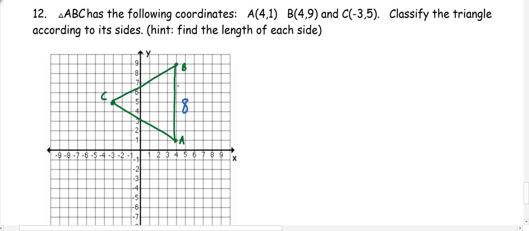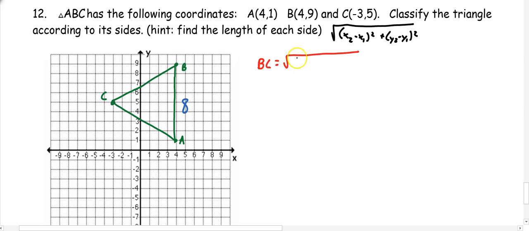To find my measure of BC and AC, I'm going to have to use the distance formula. So remember that the distance formula is the square root of x2 minus x1 squared plus y2 minus y1 squared. I'm going to use the distance formula twice to find each side. First I'm going to find BC. Using those coordinates for BC, I have -3 minus 4 squared plus 5 minus 9 squared.